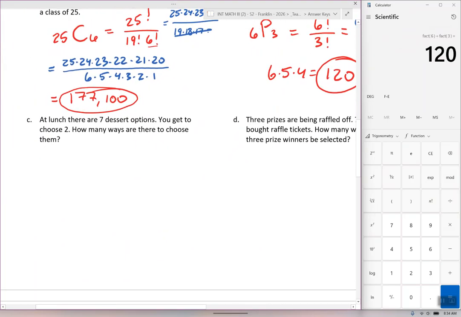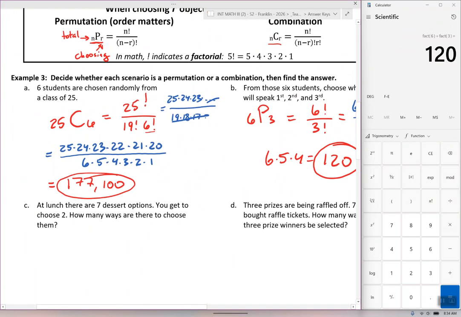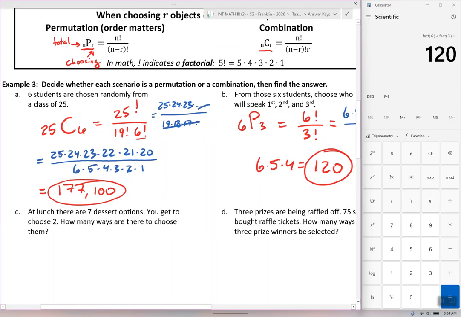Okay, example C says there are 7 dessert options. You get to choose 2. How many ways are there to choose them? Well, this is another combination because I could choose any 2 I want. It doesn't matter what dessert I get first. So we have a 7 with a combination of 2.